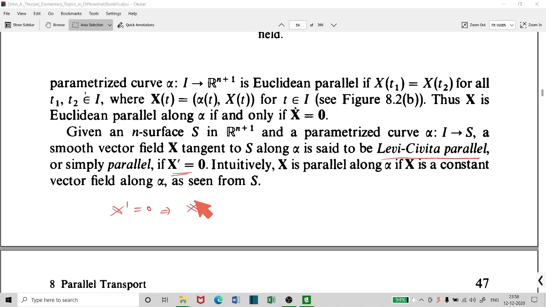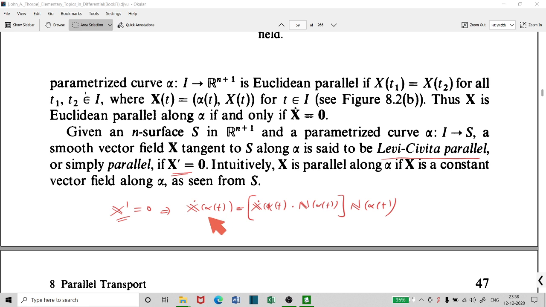That means x dot of alpha of t is taken minus its component in the direction of the normal vector field, that is, x dot of alpha of t dot n of alpha of t times n of alpha. That is the definition of x prime. So when x prime is 0, it means the normal component is all that remains of x dot.